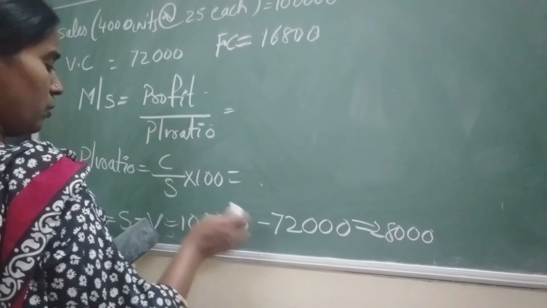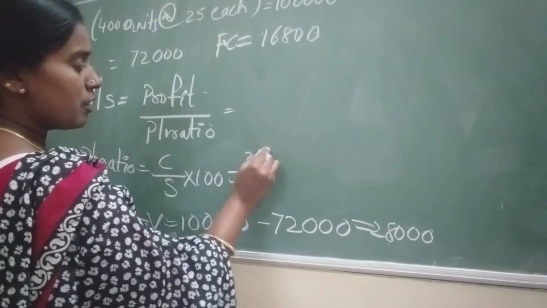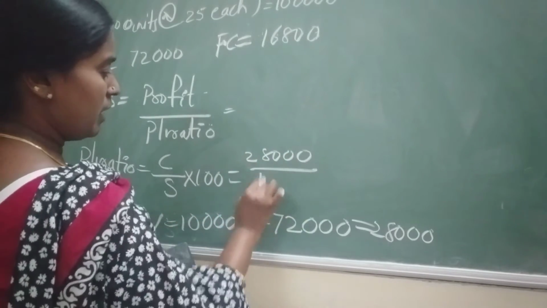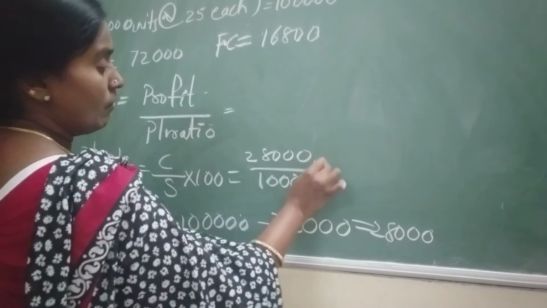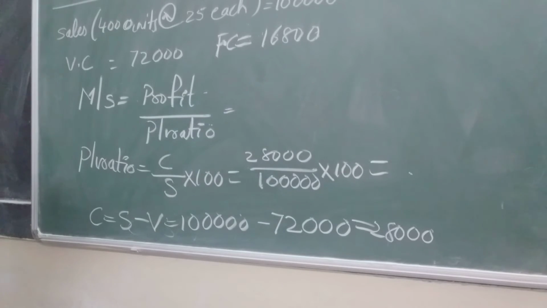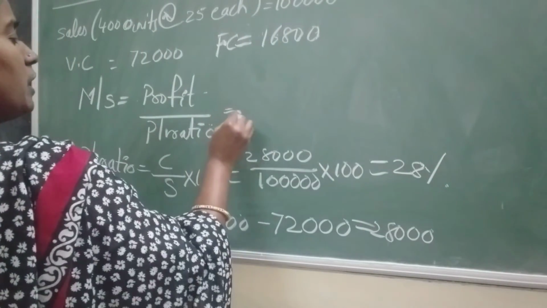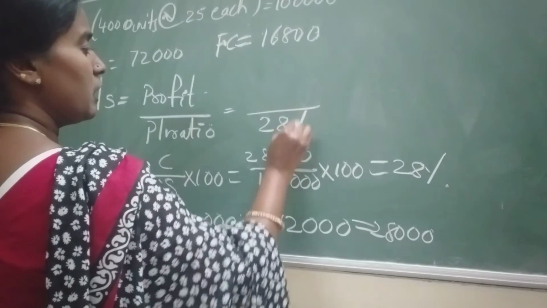So PV ratio, now we should calculate C by S into 100, that is 28,000 divided by 1 lakh into 100. Okay, so PV ratio is 28%.